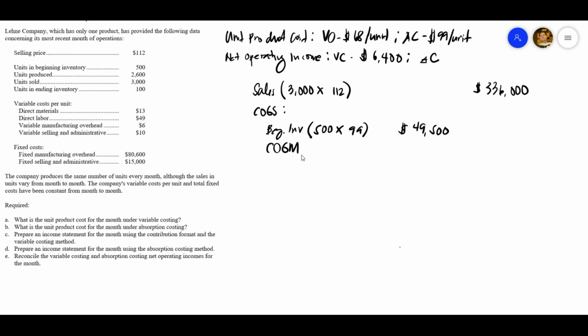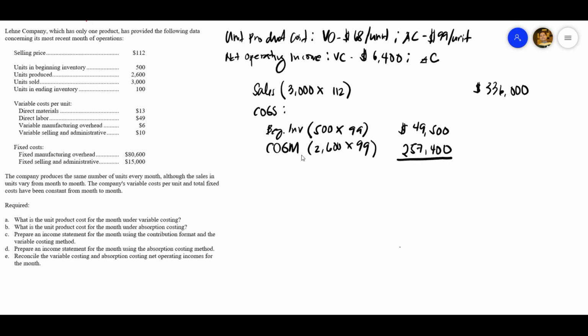It's the units produced multiplied by the unit product cost under absorption costing again of $99. So it's 2,600 times 99. It will give us a value of 257,400. Okay?